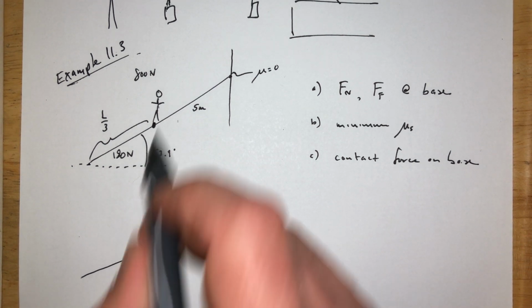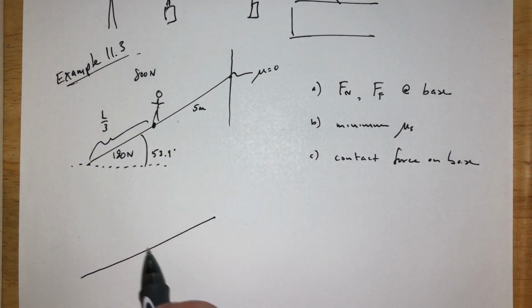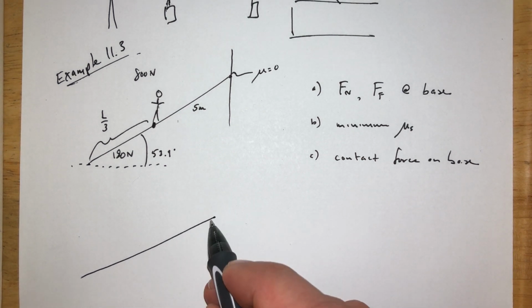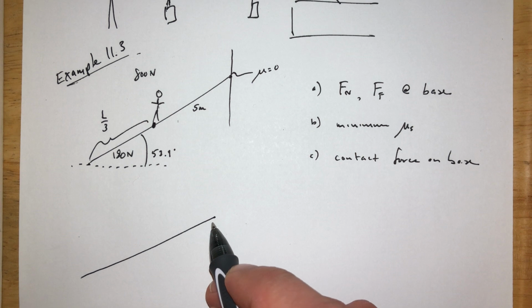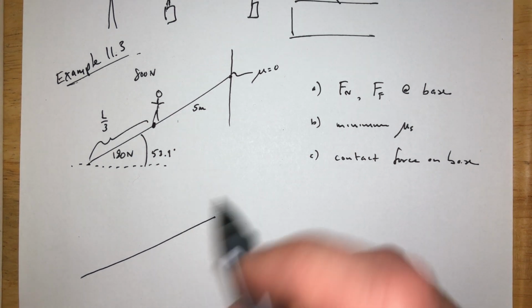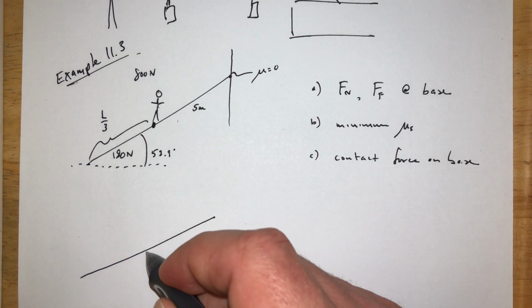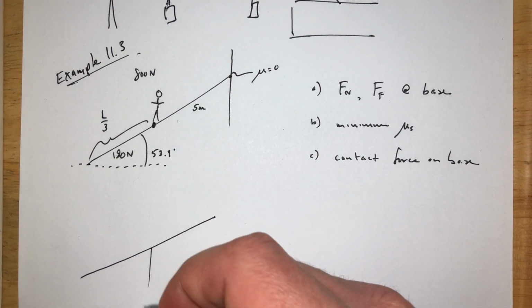We're not really talking about the ladder at its center of mass anymore like we used to. We're talking about the ladder and all the forces that are acting on the ladder, including the locations at which they act. So we've got the weight of the ladder.